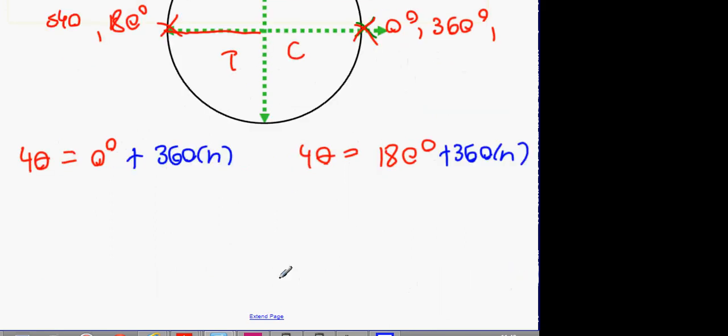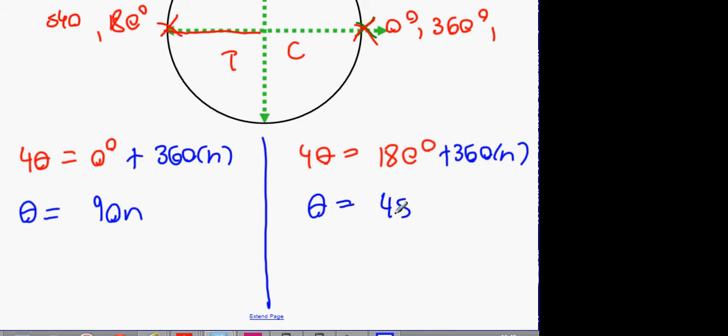So theta therefore is, 360 divided by 4, 90 multiplied by n. And what about this one here? 45 plus 90 n.